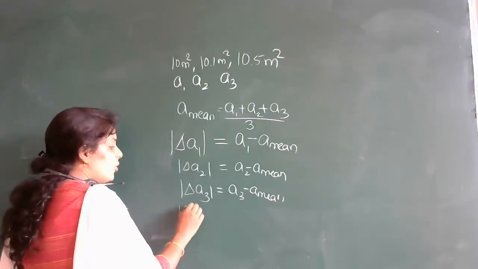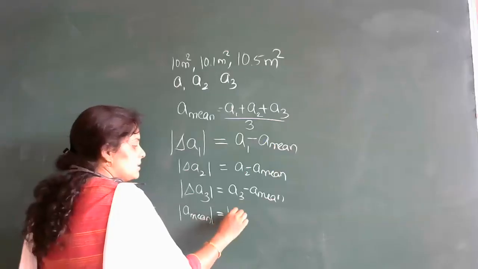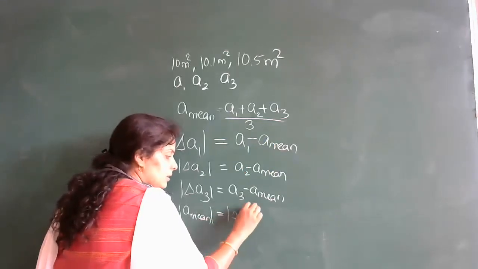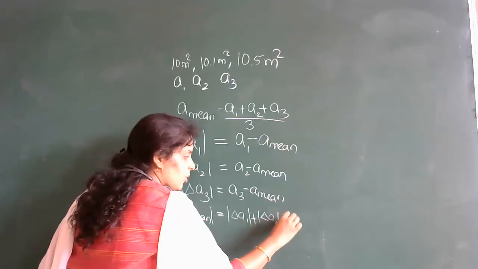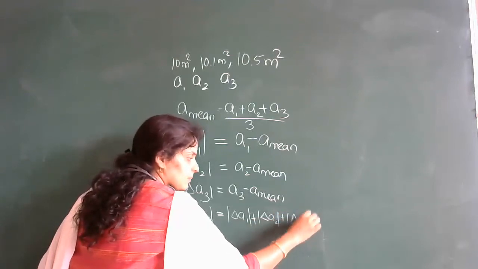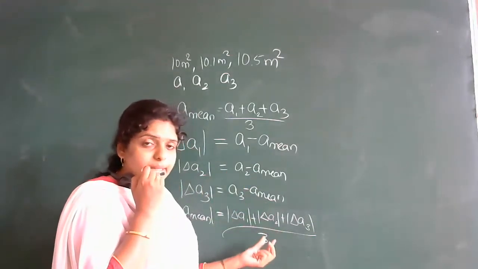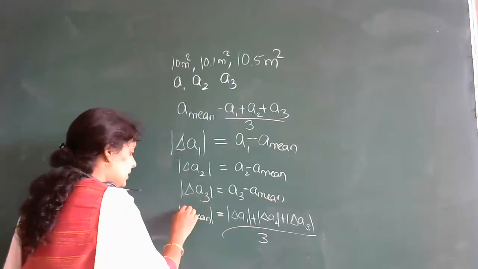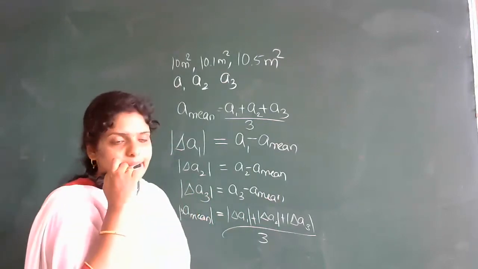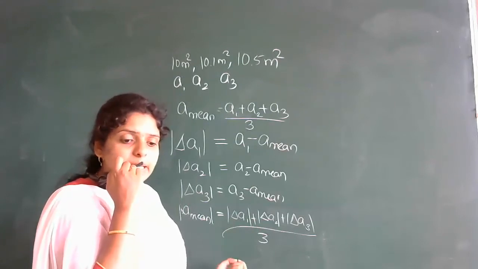Mod of a mean is equal to mod of a1 plus mod of a2 plus mod of a3 divided by 3. Whatever answer you get here, take the mean of that, and you will get mod of delta a mean. This is your absolute error mean.